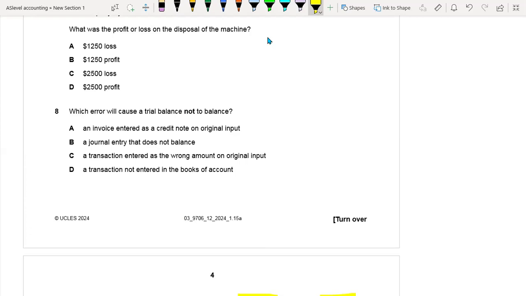Okay, so in number 8, in this question, which error will cause the trial balance not to balance? So first one, an invoice entered as a credit note on an original amount.